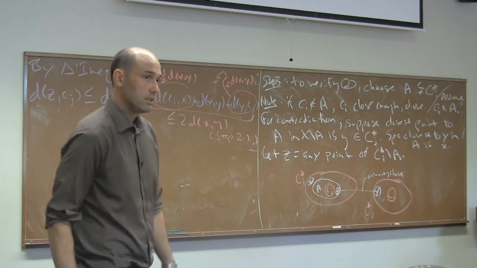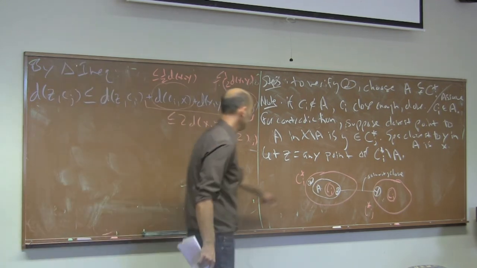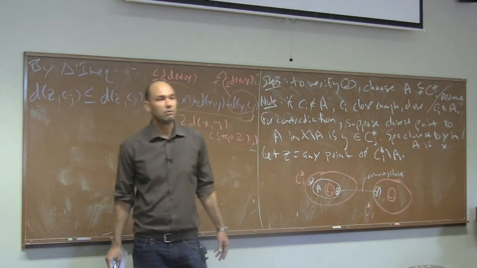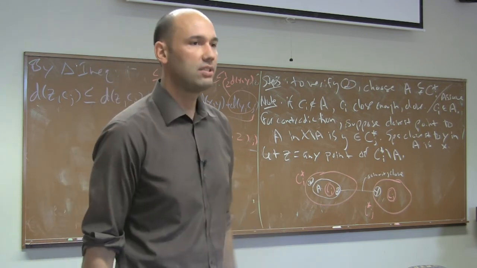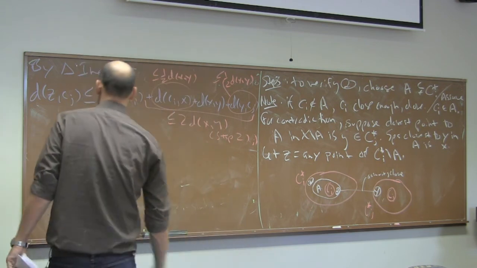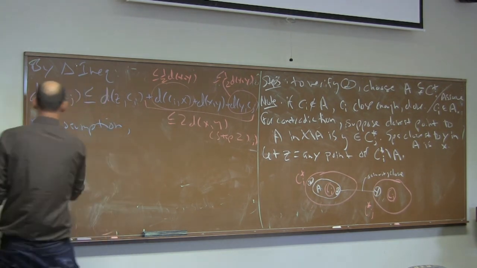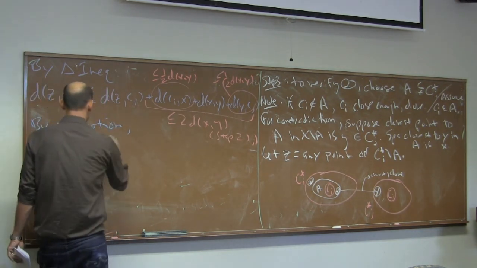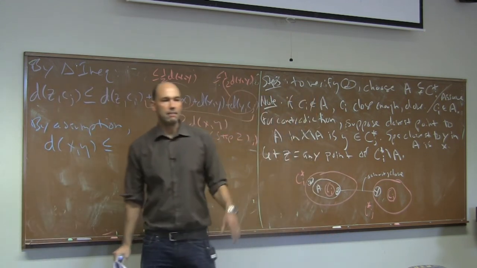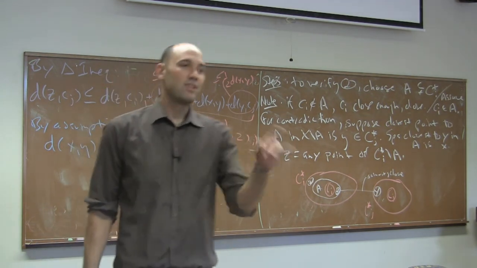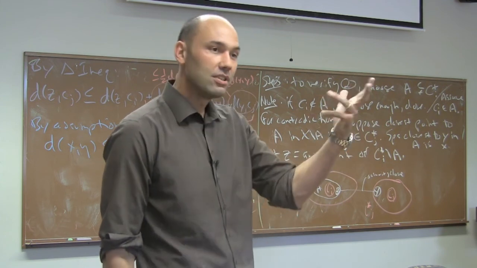So it's the closest point to A. Well, here's another point outside of A, Z. We could have chosen Z. We would have been very happy, actually, had we chosen Z, because that's inside C star I, which we want. We chose Y instead. Why? Evidently, by our initial contradiction, it must have been that the distance between x and y is at most the shortest distance between Z and its nearest neighbor in A. In particular, remember this is the case where the center is in A. So one choice for Z's nearest neighbor in A is the center CI.